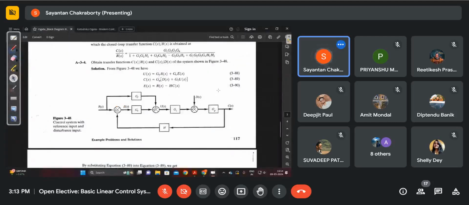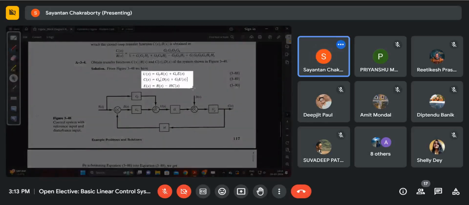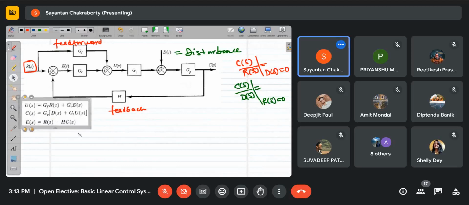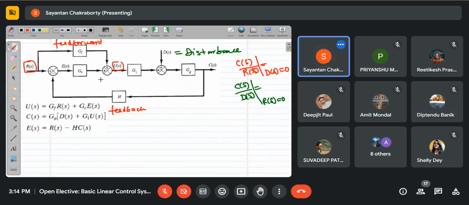So what I will do here, you have to find out the transfer functions C(s) by R(s) and C(s) by D(s) both. So if you look at the set of equations that I have here, this signal U(s), what is the value? GF into R(s) plus E(s) into GC.